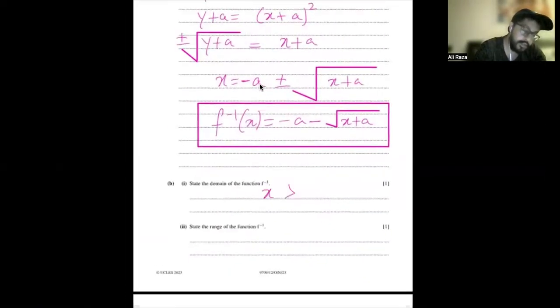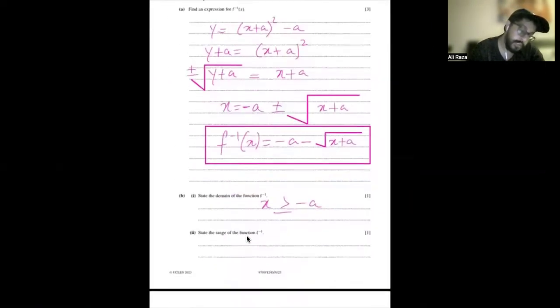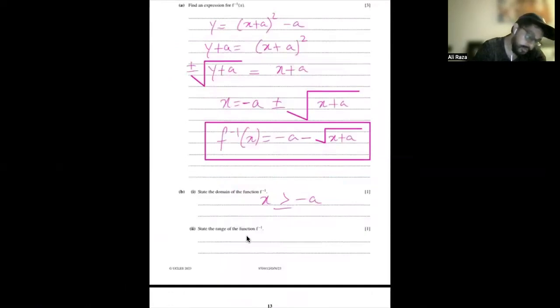So this also becomes x is greater than or equal to minus a, and the range of the inverse would be the domain of the function, which is x less than or equal to minus a. So f inverse x is less than or equal to minus a.